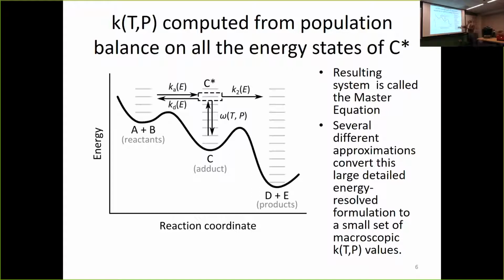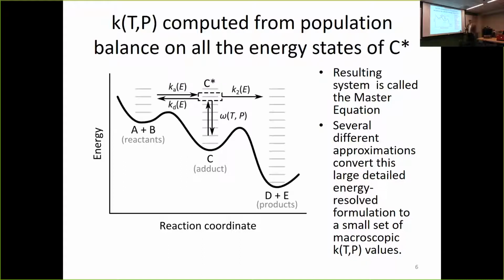And then eventually, there'll be some collisions with some other gas phase molecule, say some nitrogen comes along and bumps into this vibrating adduct, and it might take away some of the energy. And if it takes away a bunch of the energy, maybe this adduct will now be stable, which means that its energy will be below the barrier for further reaction, and the thing will just sit there.